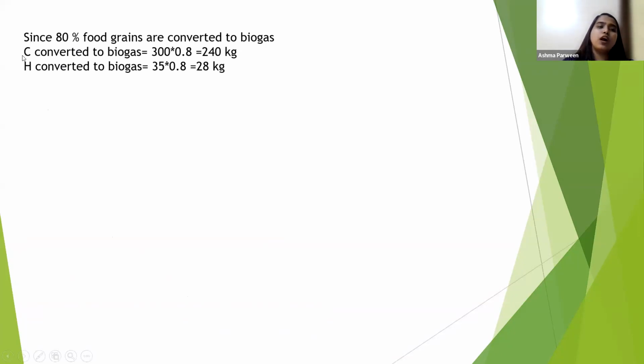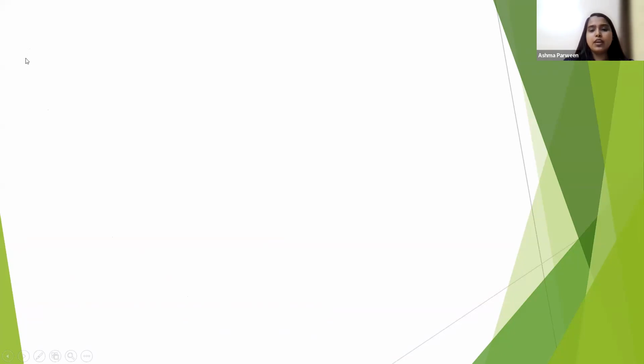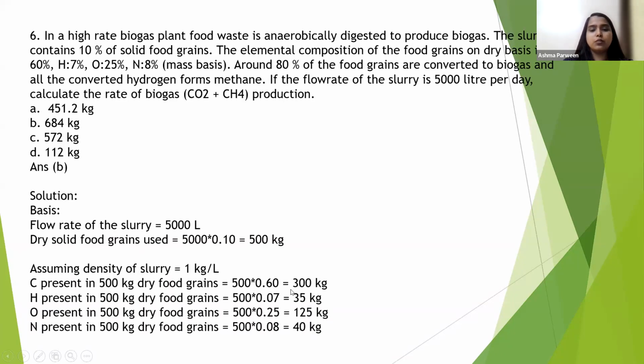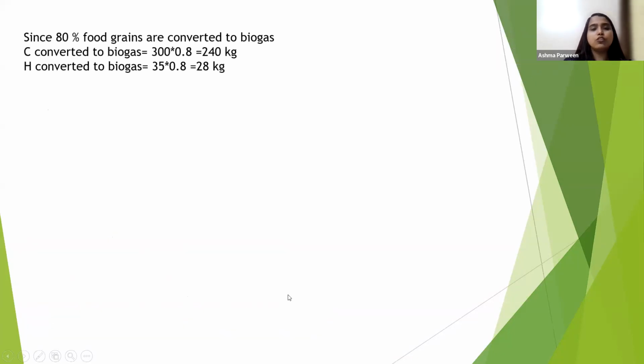So we will find out how much carbon and how much hydrogen has converted to biogas. We have 300 kg of carbon and 35 kg of hydrogen. Out of this, 80% of the carbon has converted to biogas. So the amount of carbon converted to biogas will be 300 into 0.8.